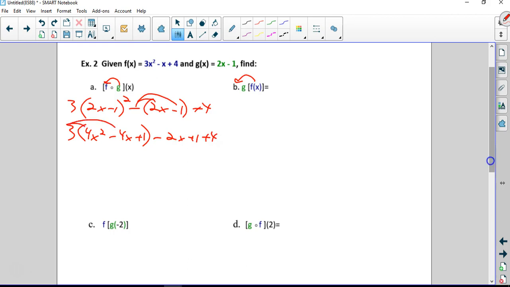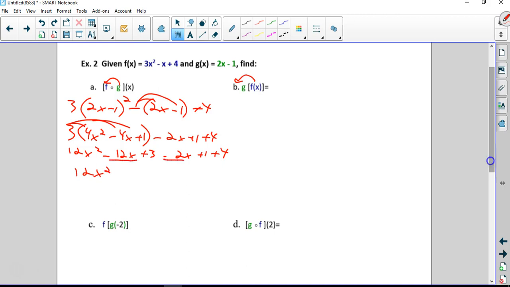Now I'm going to send the 3 in. 12x squared minus 12x plus 3. Make sure you send the 3 to everything. That's going to be minus 2x plus 1 plus 4. Some of you might have even done plus 5 already. And at this point, 12x squared has no friends, just hanging out, chilling.